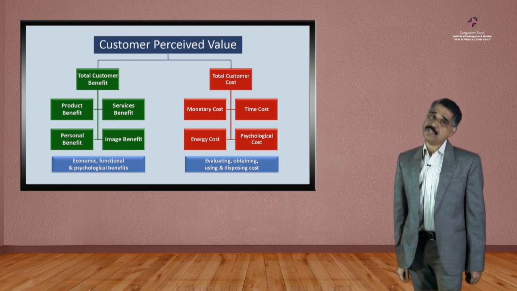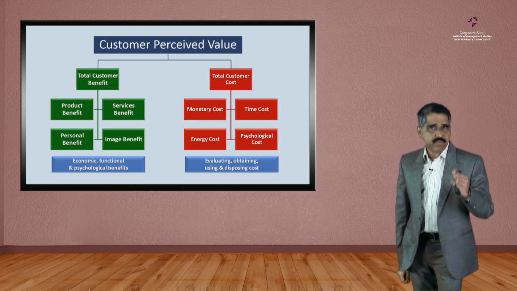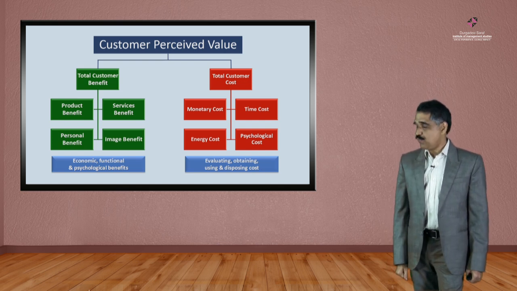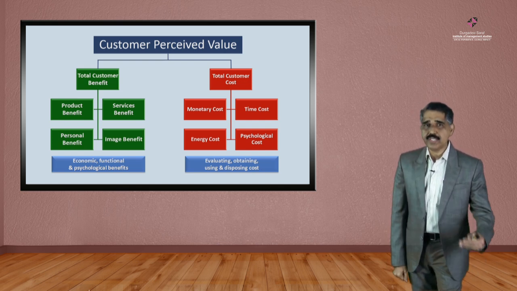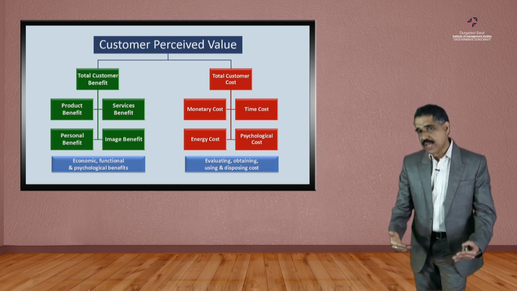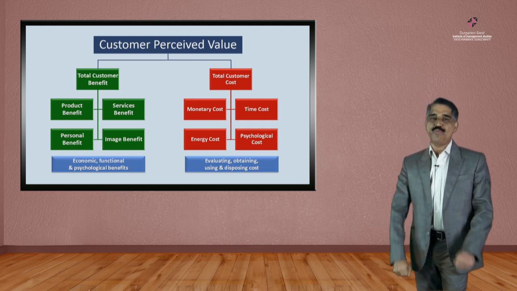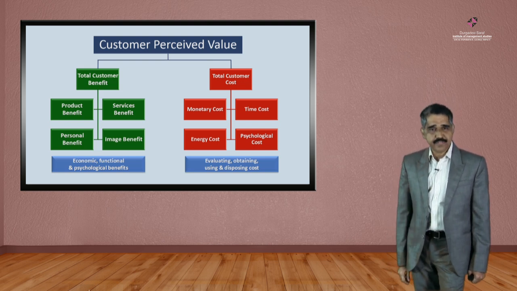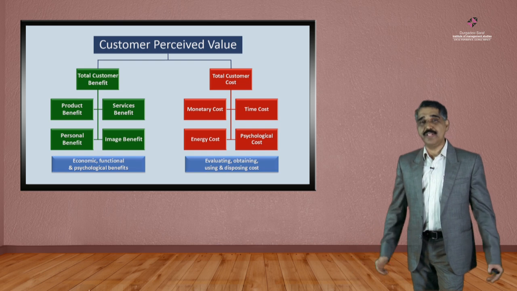And then you have personal benefit. Always remember, the personal interaction with the employee is very important. If I visit any factory or service center, and they receive me with a warm welcome, that is, I would say, a personal benefit. And then image benefit.